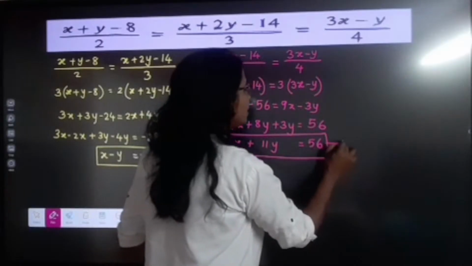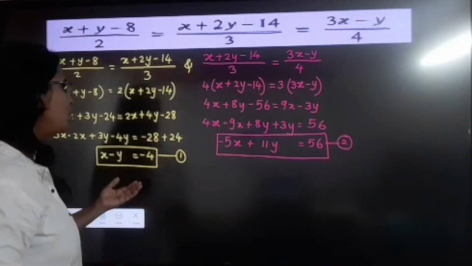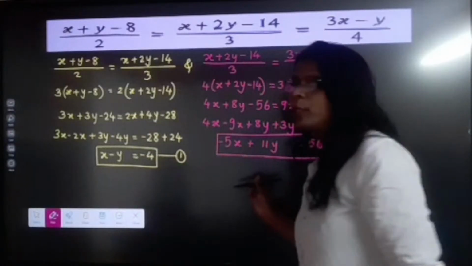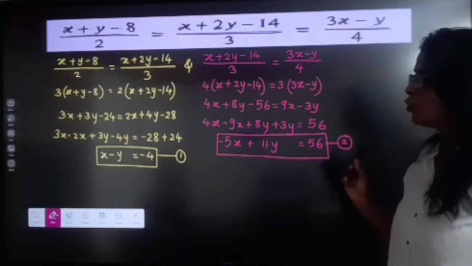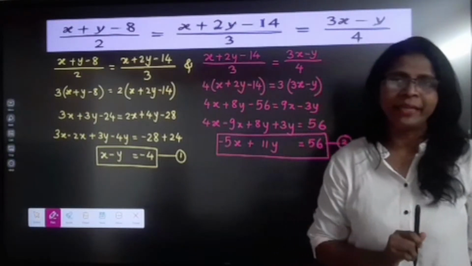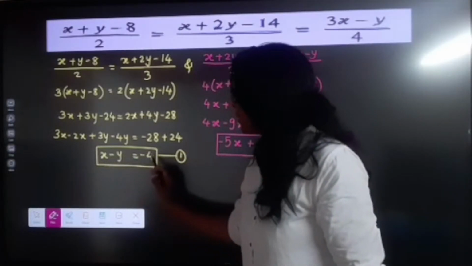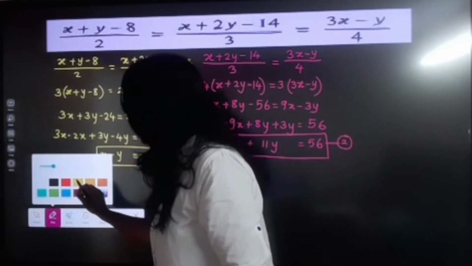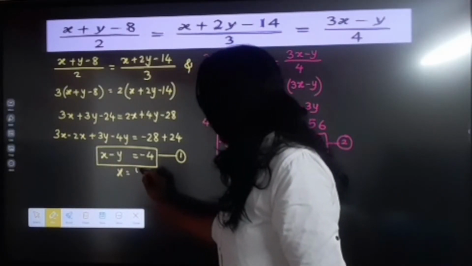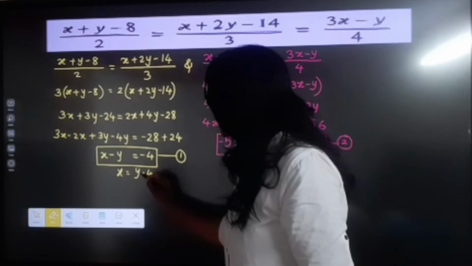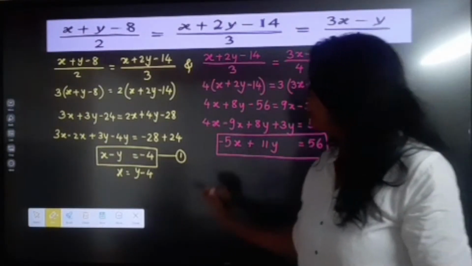Now students, by which method should you solve these two equations? The substitution method will be very easy, because x minus y is equal to minus 4. So we can write x is equal to y minus 4, transferring the minus y.